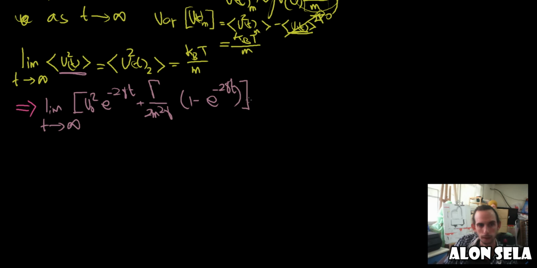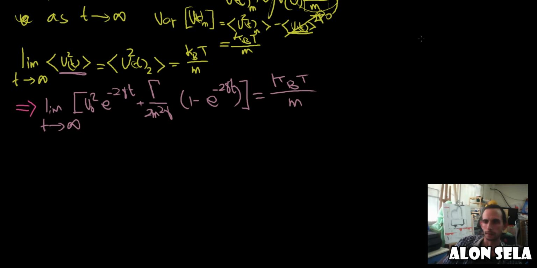We want the limit of this expression to be equal to k Boltzmann T over m. This is what we want if we want the velocity statistics to be consistent with the Maxwell distribution.